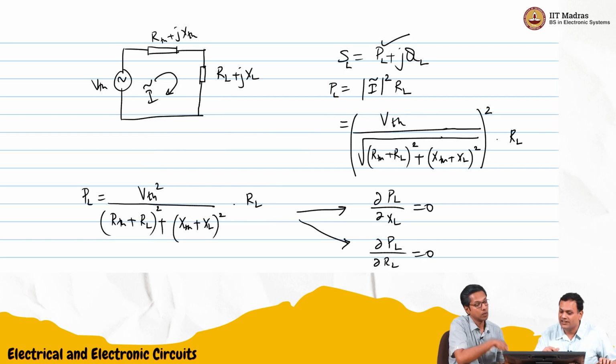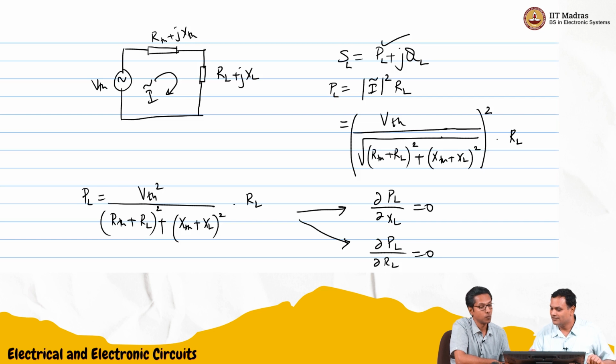If the Thevenin equivalent impedance ZTH was inductive, you want the load to be capacitive. And if the Thevenin equivalent was capacitive, you want the load to be inductive. So the overall reactance in the loop should be 0.